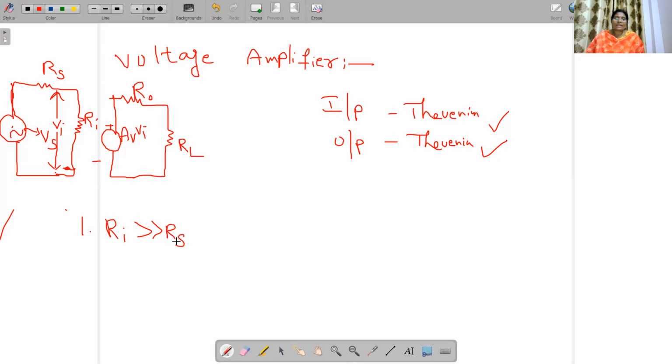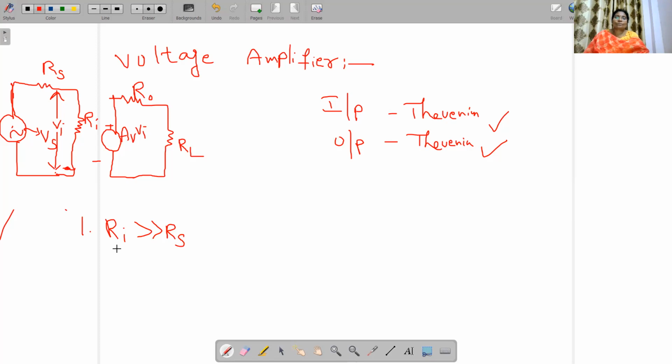If Ri is far greater than Rs, that means the Ri value is more compared to the Rs value. That's why you neglect the source resistance.